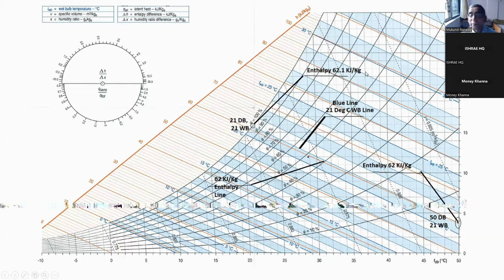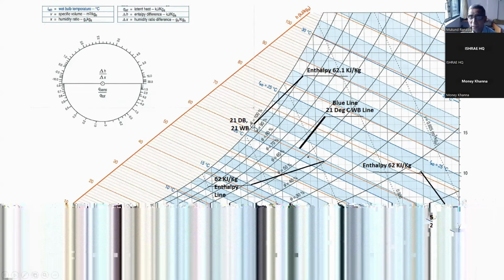So the enthalpy of air at 50 degree dry bulb and 21 degree wet bulb is slightly, by 0.1 kilojoule, less as compared to this. This is very clear from the psychrometric chart, but let us understand the reason behind this.